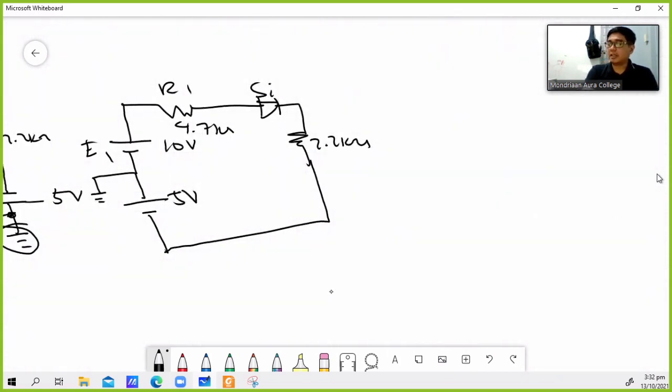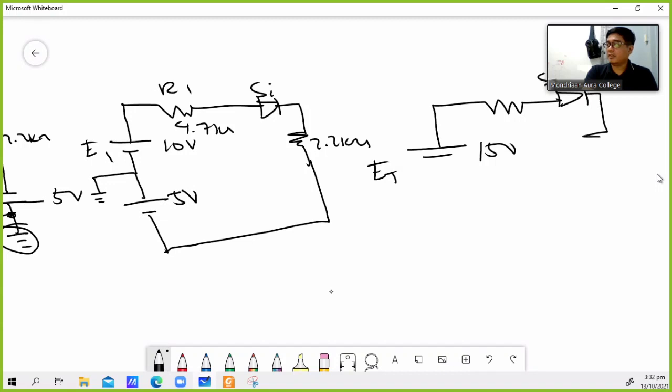Pagsasamahin natin, so let's call that E sub T para total voltage. Yung subscript na T, it means total. So this is equal now to 15 volts in effect. Okay? Yan. So ang ground natin nandun sa negative.